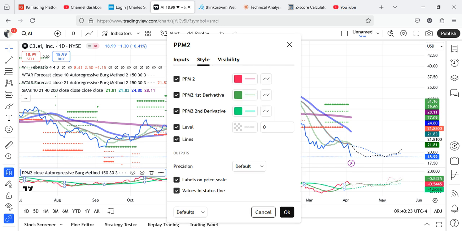Visibility, I think some of them are thin.